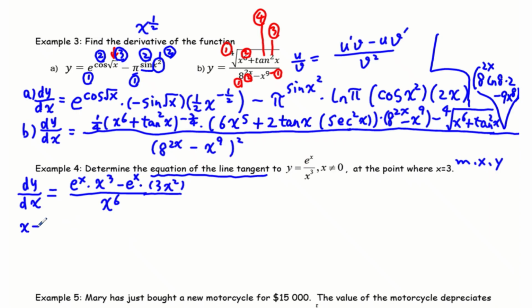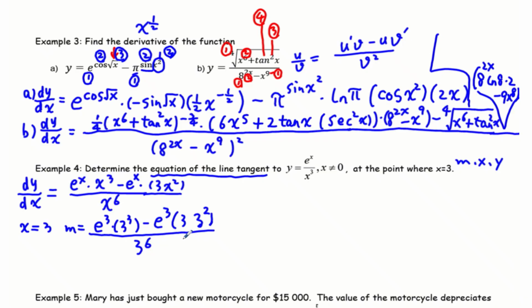So x equals 3, the slope equals e to the exponent 3 times 3 cubed minus e to the exponent 3 times 3 cubed, all over 3 squared, sorry, 3 to the exponent 6.